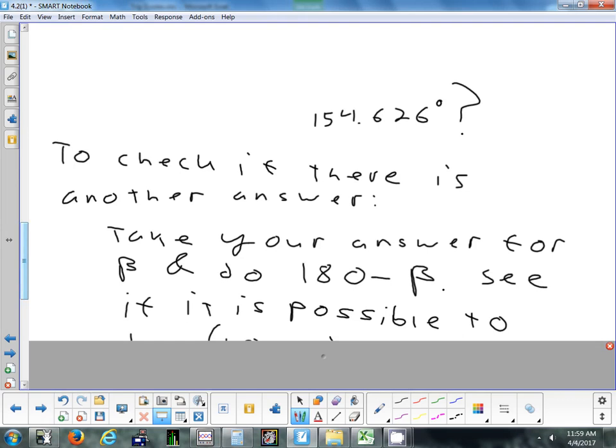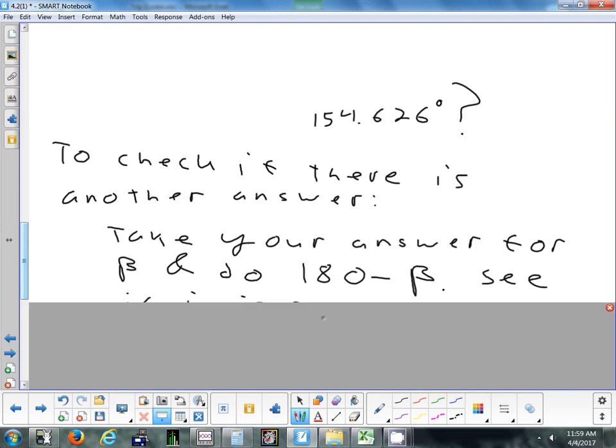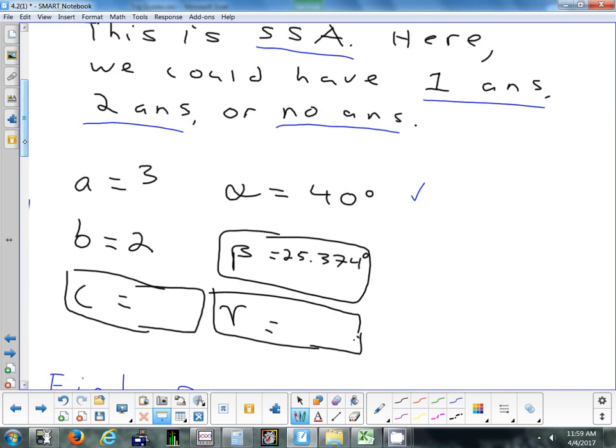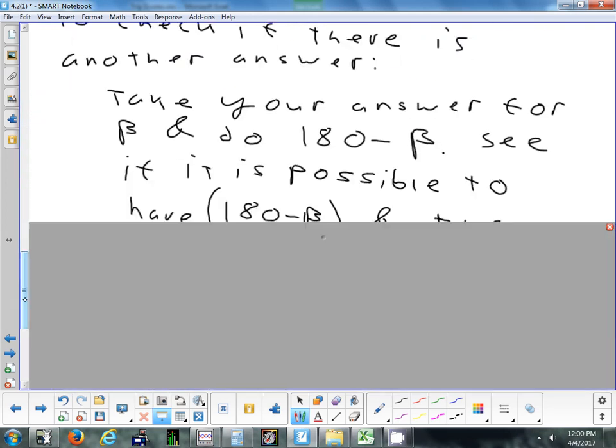How come it wouldn't work? We already have a 40 degrees up there, 40 and 154 is over 180. All you have to do is check with the angle that they gave you and see if your second answer would fit. 154 is too big. That's basically what I have written right here.